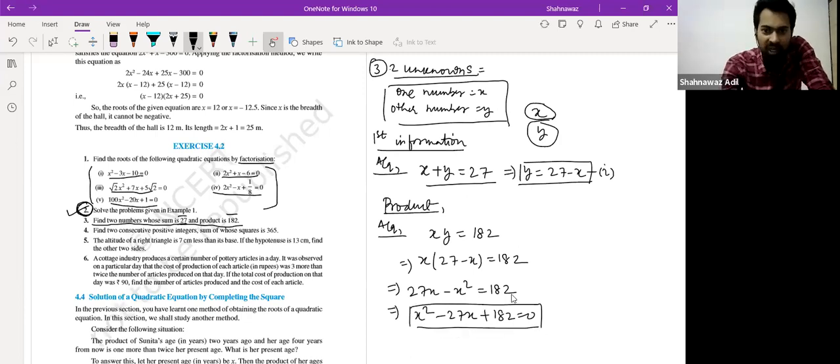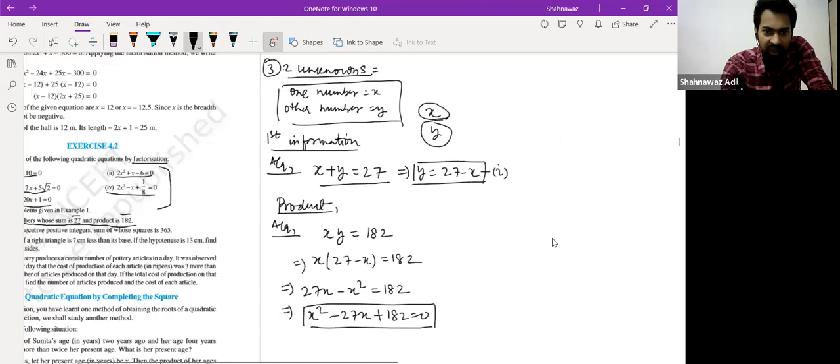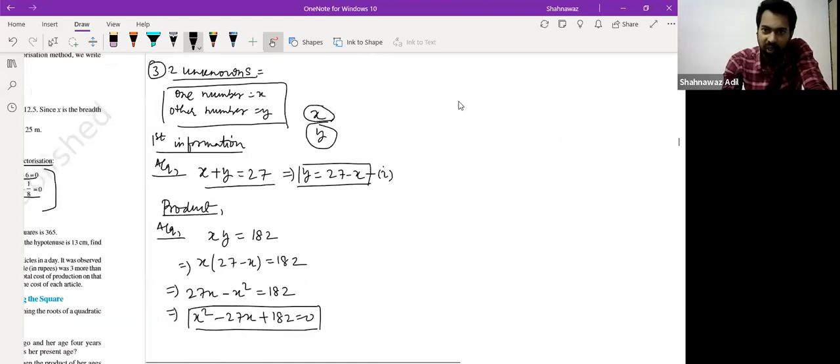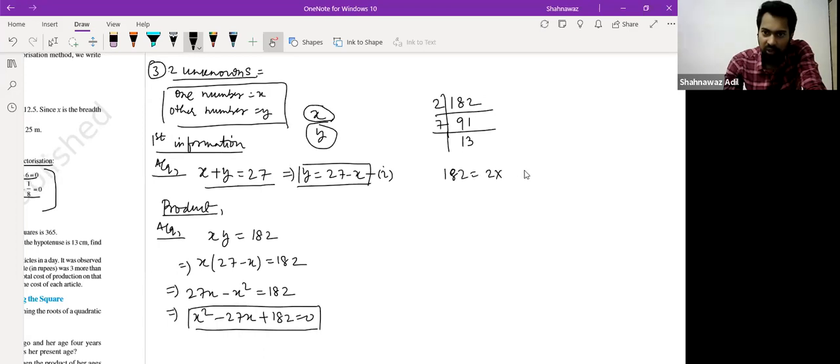So 182 is the number that we have to factorize. This is simple. So what would be the two numbers, Adil? Can you identify? We have to get minus 27, right?